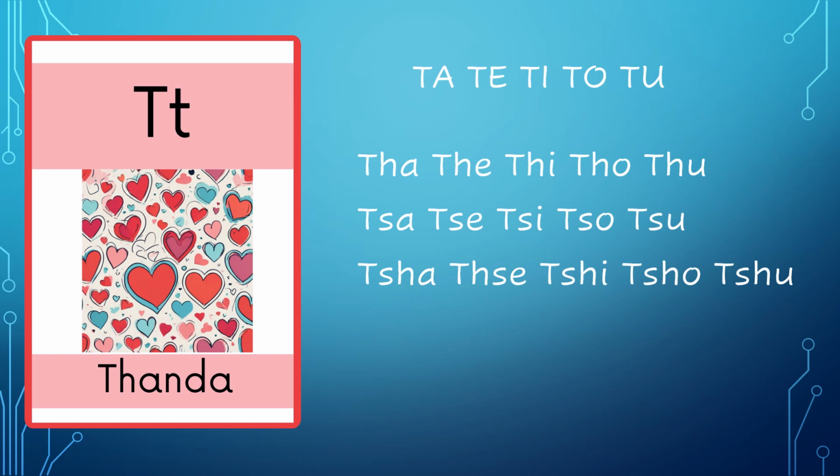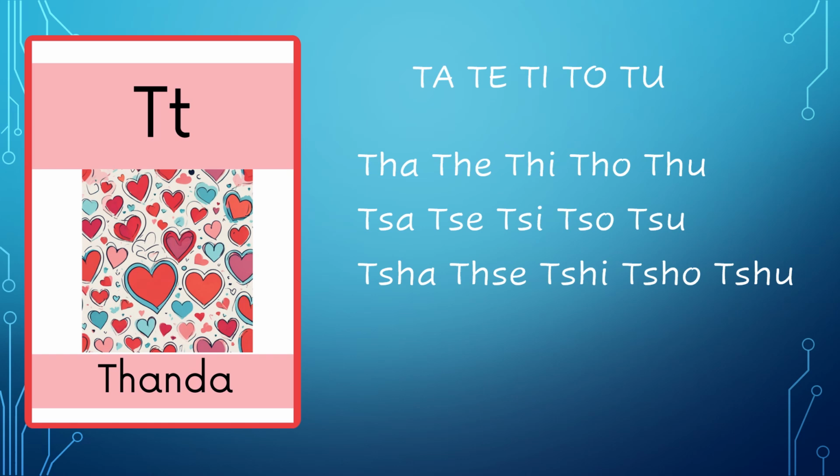The next letter is T. In Zulu, it sounds like da, de, di, do, do. With an H added, it sounds like ta, te, ti, to, tu.